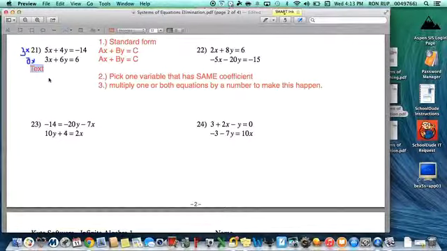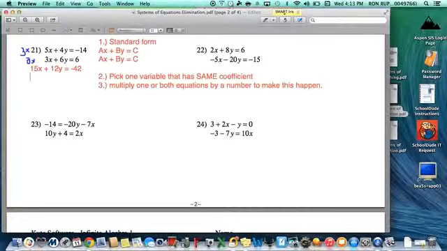I will get 5 times 3 is 15x plus 4 times 3 is 12y equals negative 14 times 3. If you have your calculator handy, that's an easier way to do it. Negative 14 times 3 is negative 42.